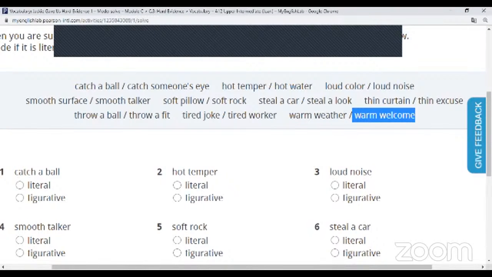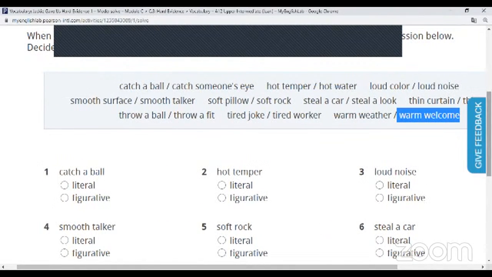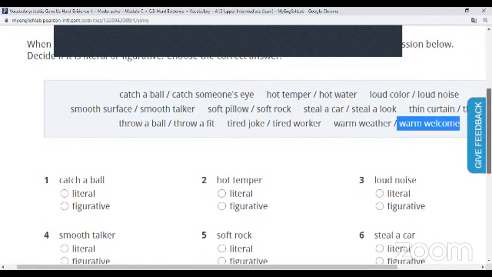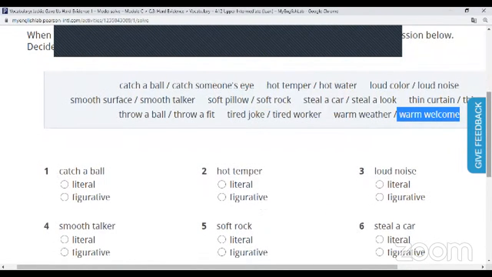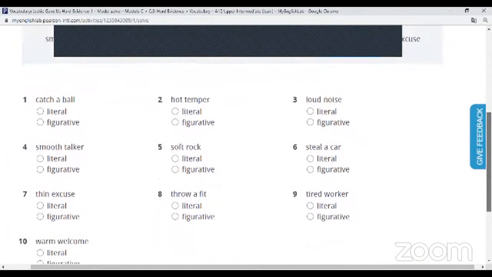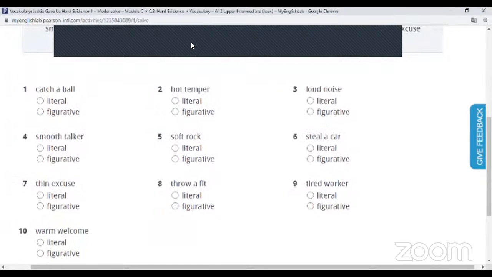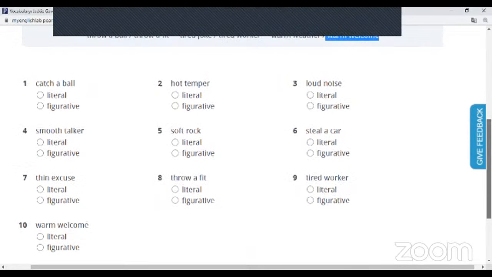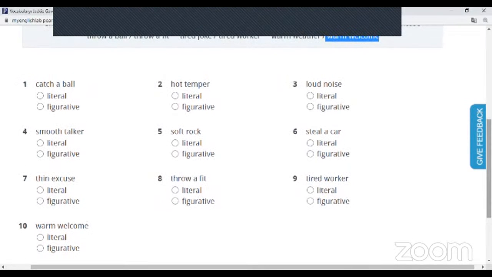Okay, so now to catch a ball, we have two different options for all of them. Do you think it's literal or figurative? We'll give you maybe 30 seconds to come up with an option. We have a 50% chance of being wrong or correct, so 30 seconds.